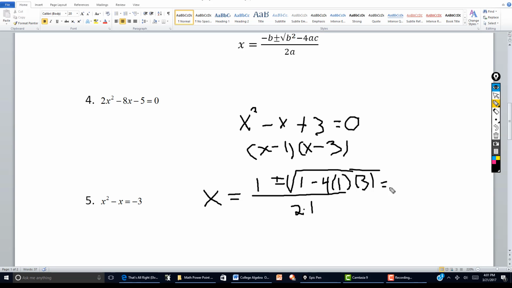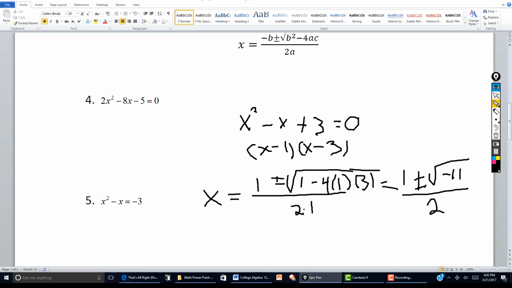Okay, so we go ahead and simplify this. We get 1 plus or minus the square root of, so here we've got 3 times 1 times negative 4, that's negative 12. 3 times 1 times negative 4 is negative 12, and a plus 1 equals a minus 11, over 2 times 1 is 2.